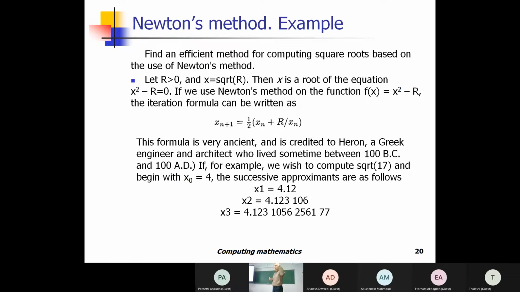We need to know the first point, x0. What can we take as the first point for the square root of 3? For example, suppose that r equals 3, and we are going to find the square root of 3.